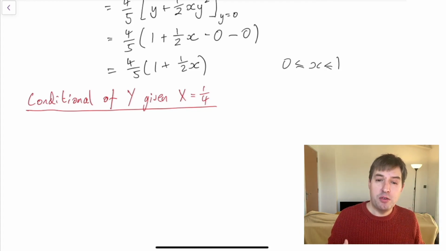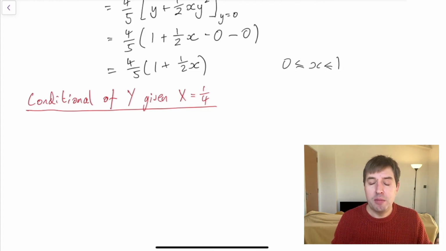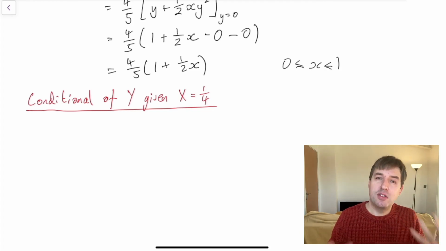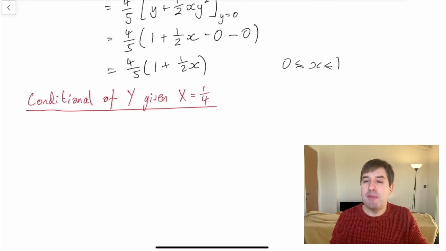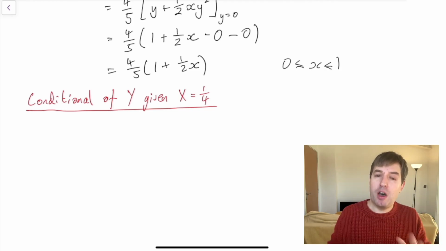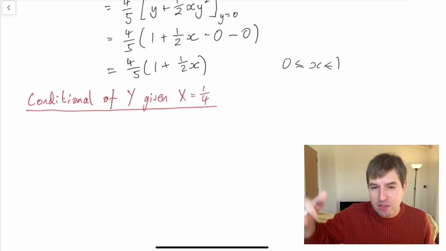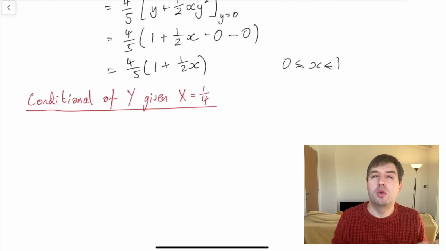So we said how we form a conditional PDF by taking the joint PDF divided by the marginal. And that's exactly the same as we did with discrete distributions, where the conditional PMF was the joint PMF divided by the marginal. We often talked about that in terms of dividing a row or column of the table by its row sum or its column sum, or equivalently by taking the row or column of the table and normalizing it to 1.